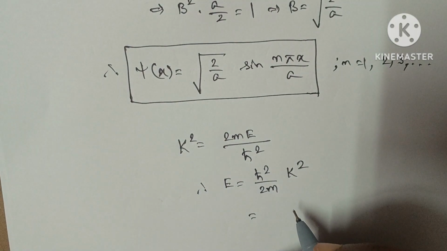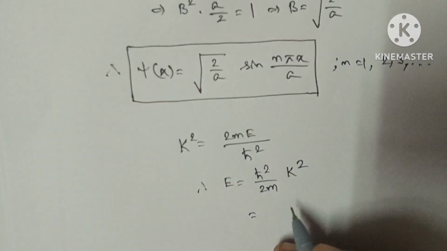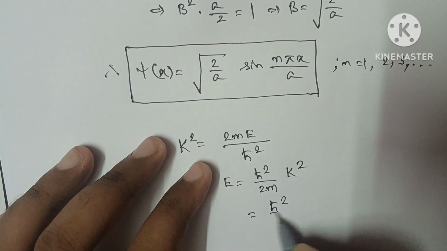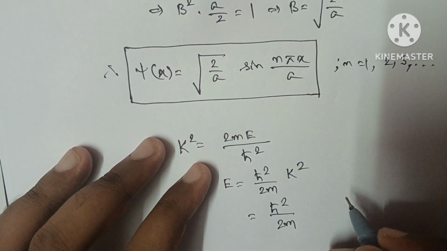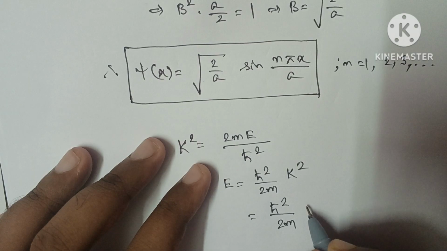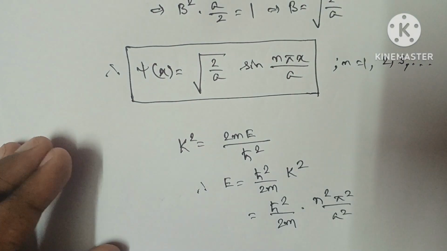Now the value of k was n pi by a, so it will be h cut square by 2m into n square pi square by a square.